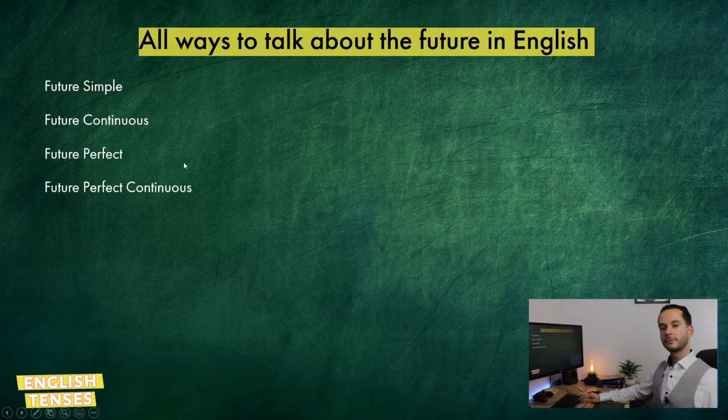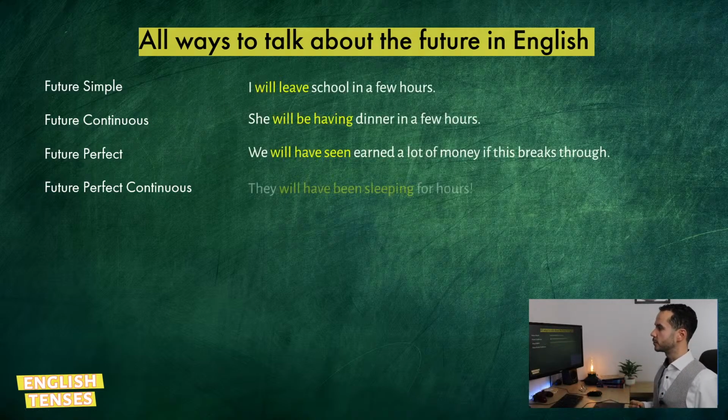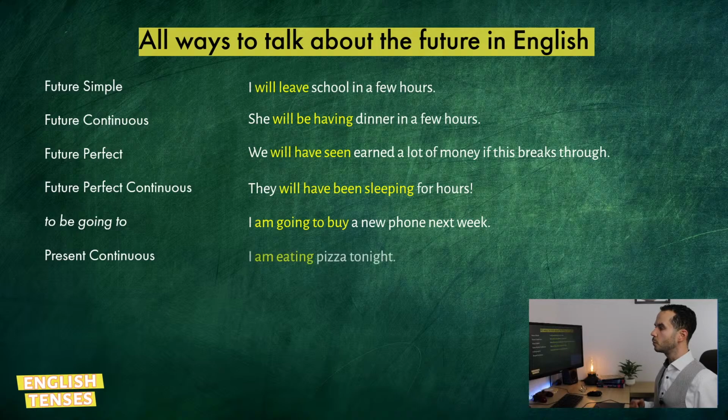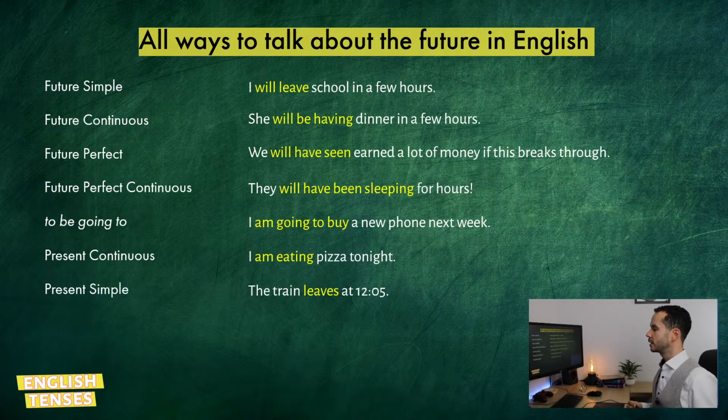And we also have three other ways to talk about the future, which are to be going to, present continuous, and present simple, which is weird because I just mentioned that we use present continuous and present simple in the present. Why would we also use them in the future? Well, we're going to look at that later on.